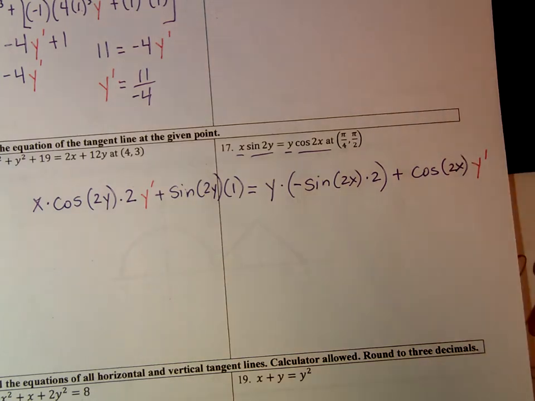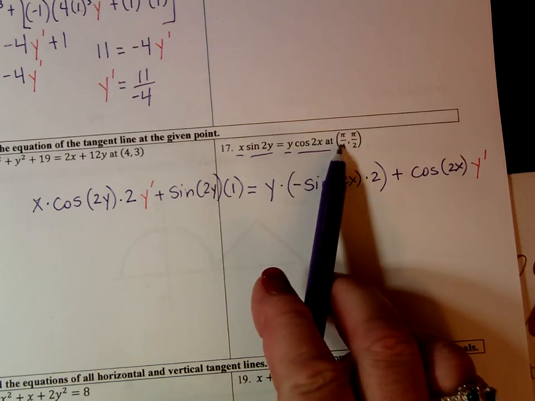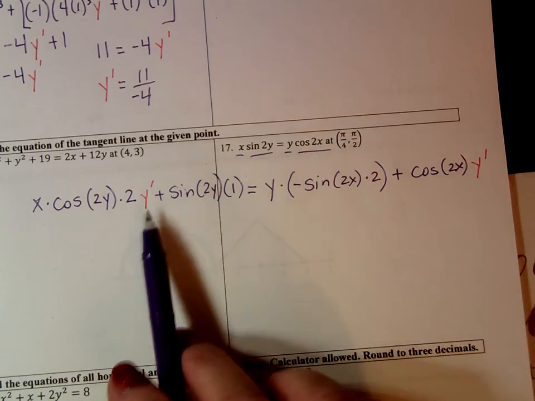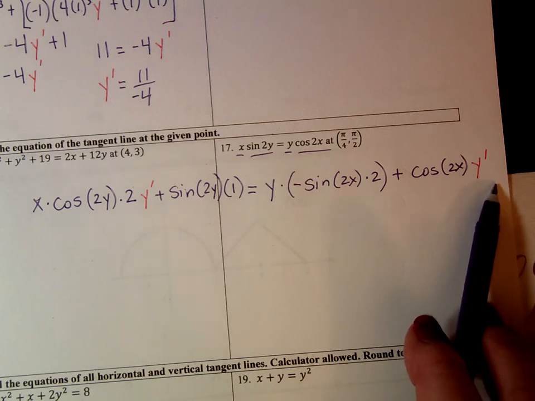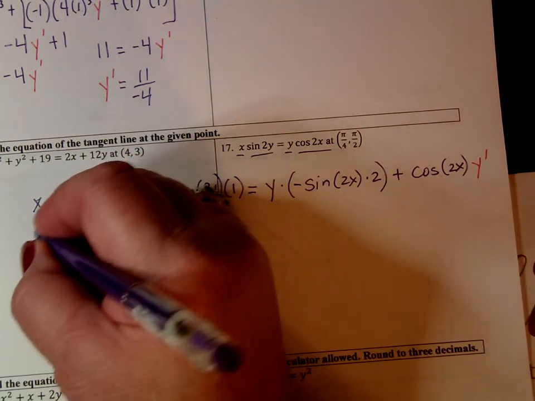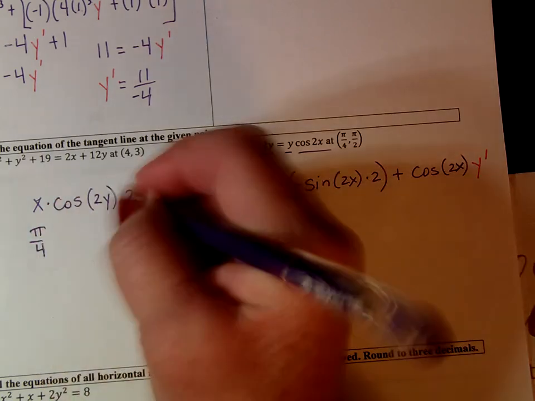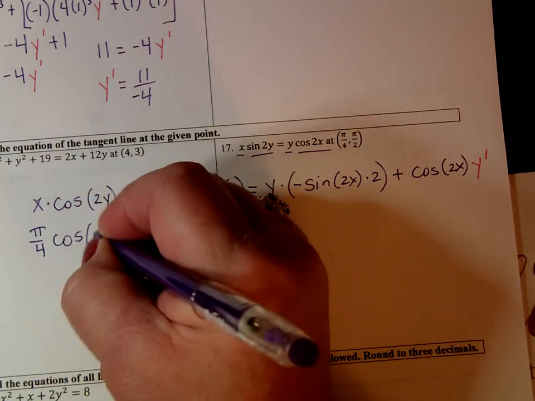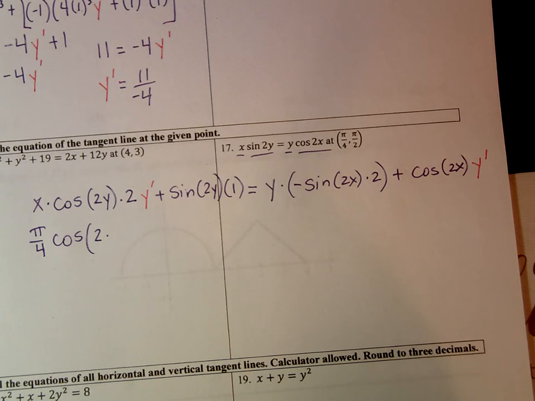Now if I employ the same concept as the last time, I'm just going to plug in x is pi over 4 and y is pi over 2, and I'm going to see if I can solve for the y prime. See where that takes me. X is pi over 4. Cosine of 2 times y, pi over 2, times 2.